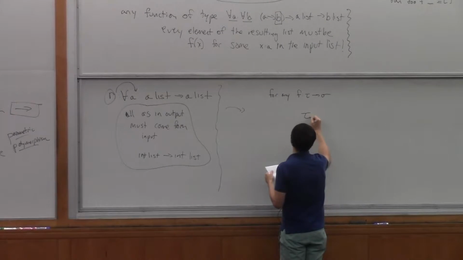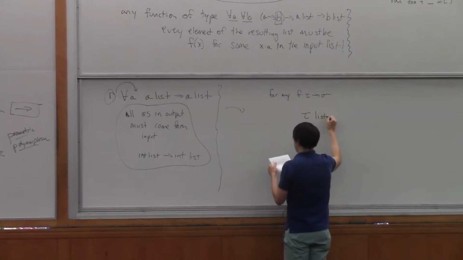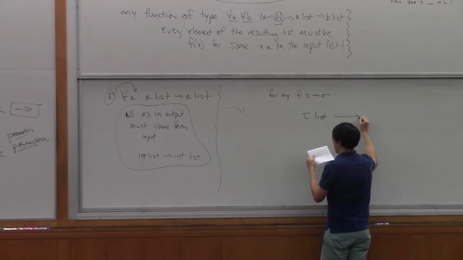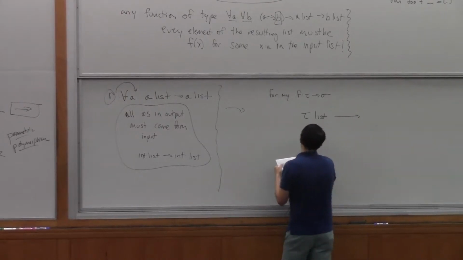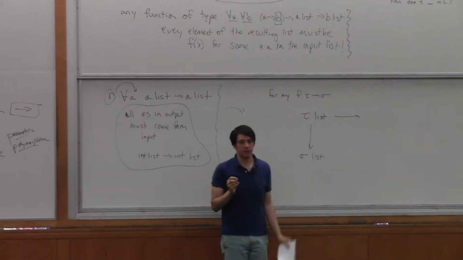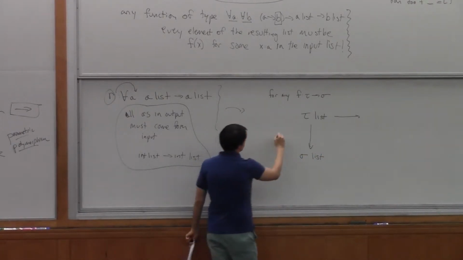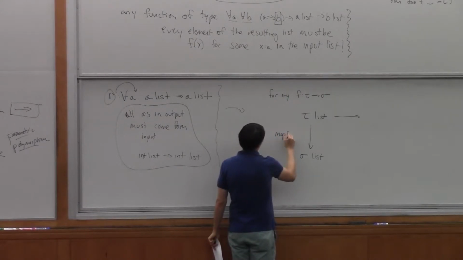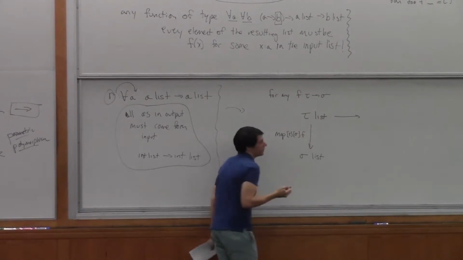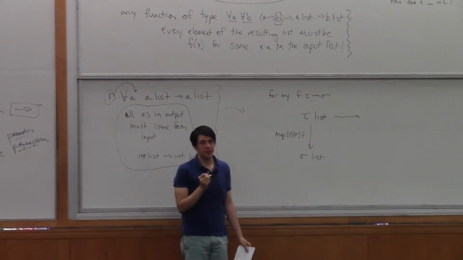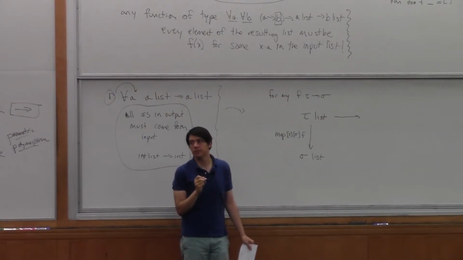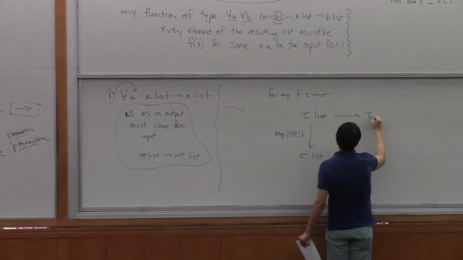I can start with a tau list and make it into a sigma list. How can I do that? That would be map tau sigma f. Okay? What else can I do with a tau list? I can return a tau list.